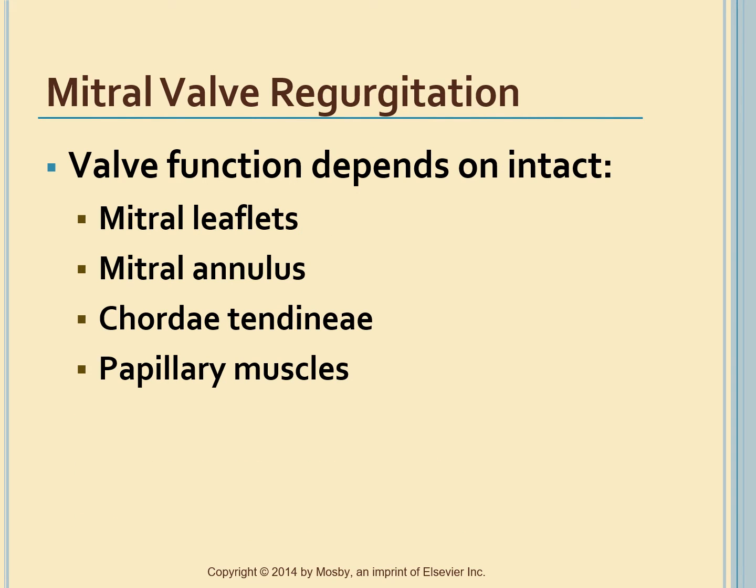So for mitral valve regurgitation, valve function really depends on whether or not many of these structures have a problem or just a few of these, but a defect in any one of these four things listed can cause regurgitation.